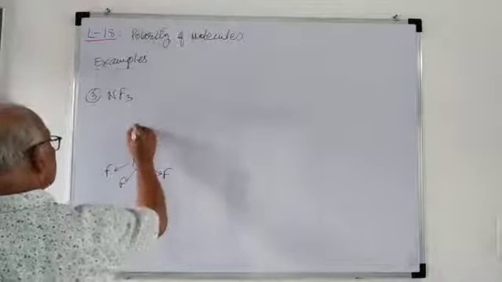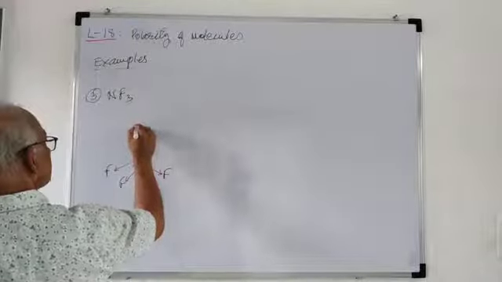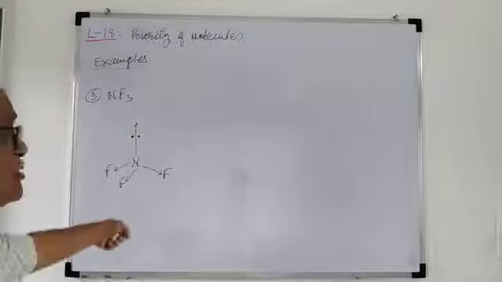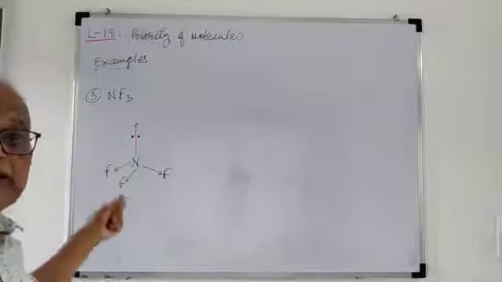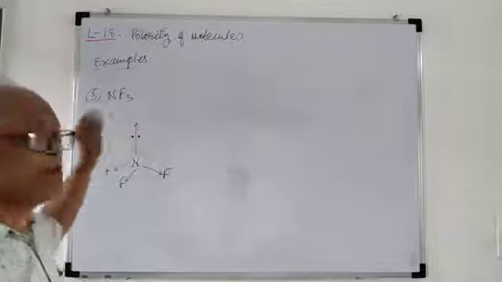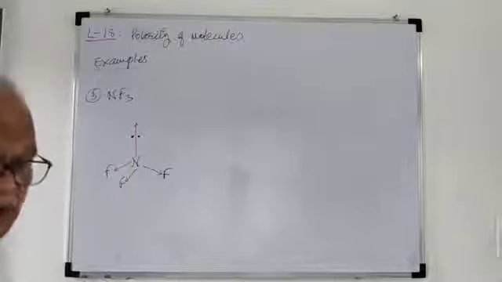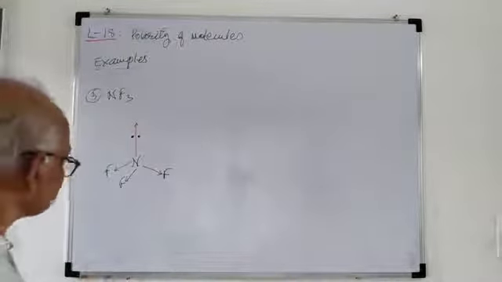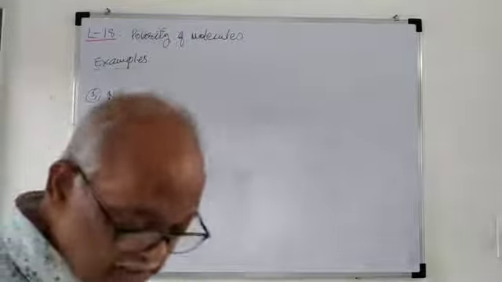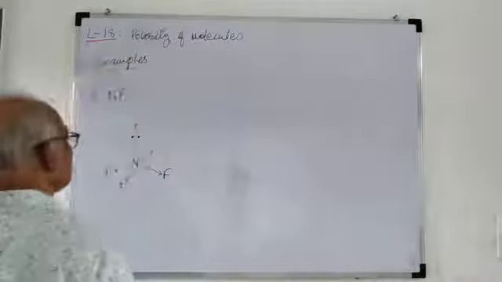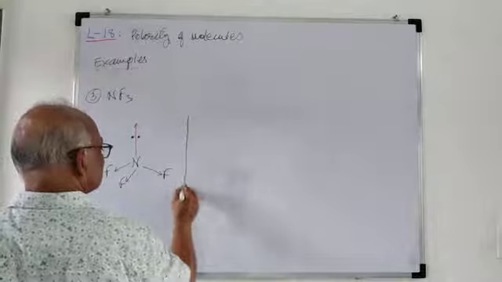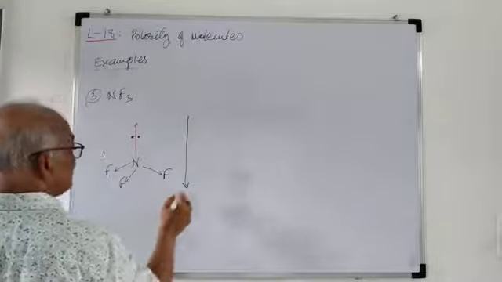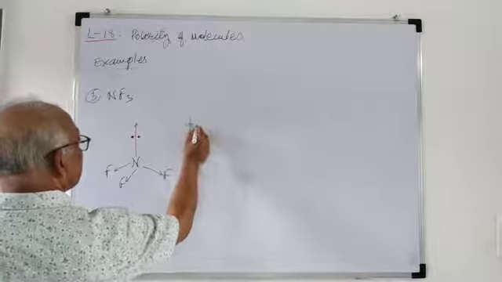And the lone pair electron shows that the dipole of this lone pair is pointing in this direction. So if we see the net effect, then it shows that the molecular dipole is pointing in this way.